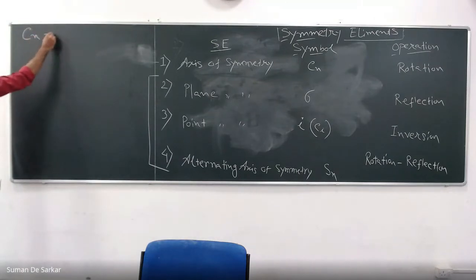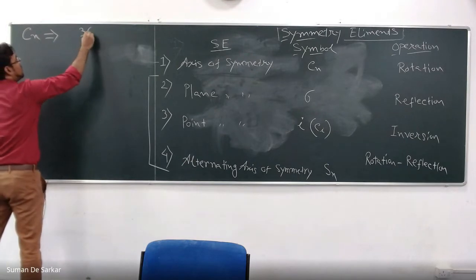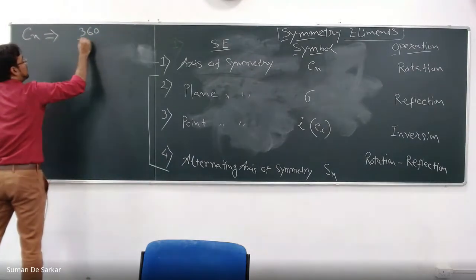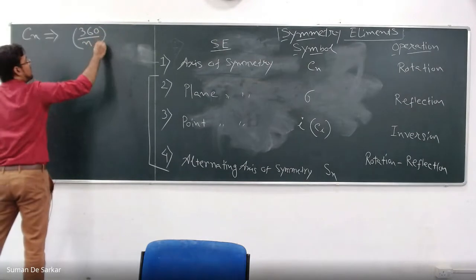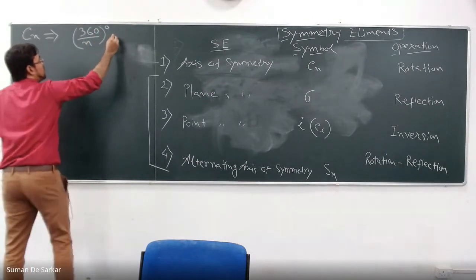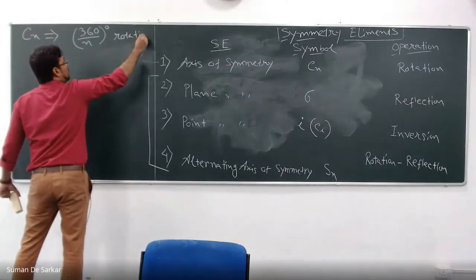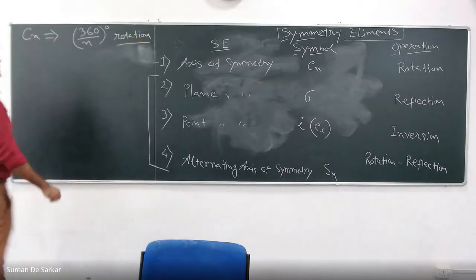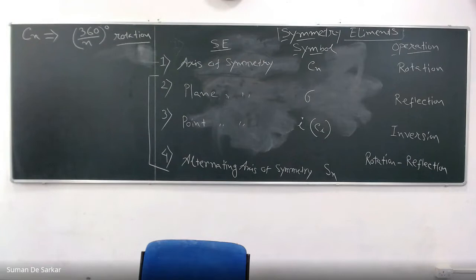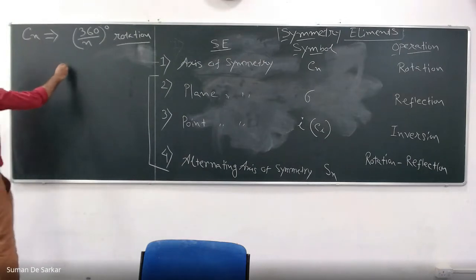This Cn is nothing but the rotation. What is that? 360 by n degree rotation. Let us take one molecule, so that's the best way to explain.